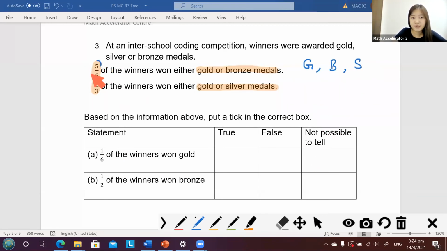They said that 5/6 of the winners won either gold or bronze, so your gold and bronze must be 5/6. So what is the fraction for silver medals if you only have 3 types of medals?